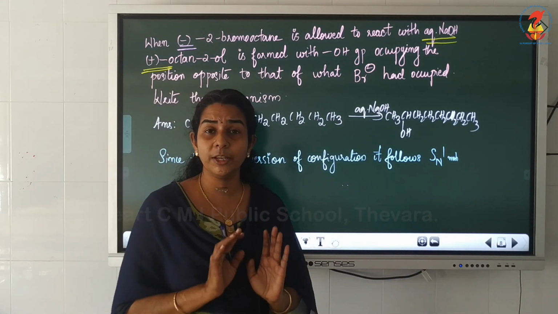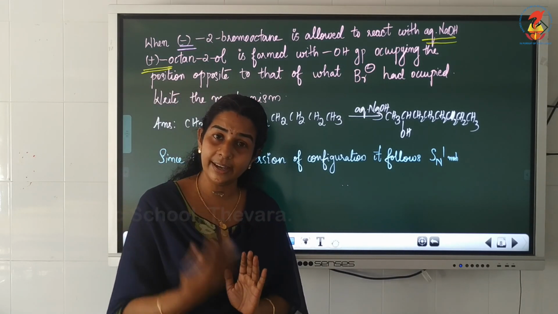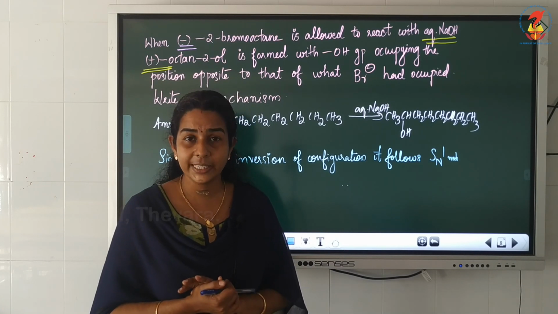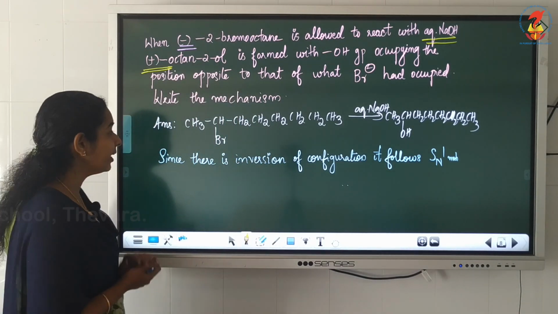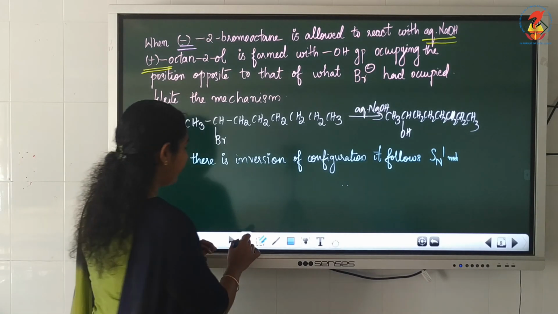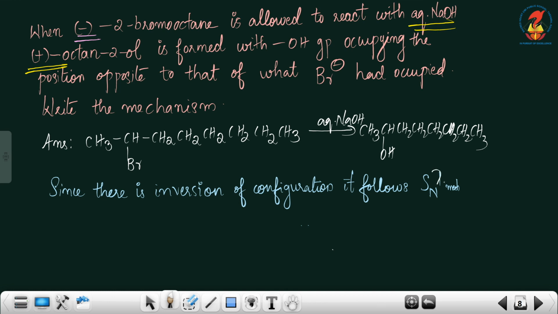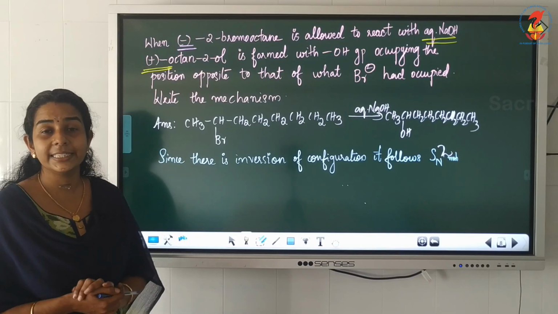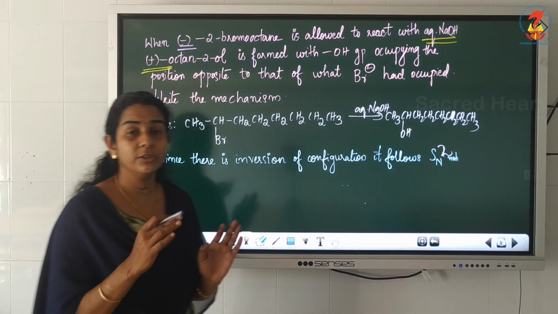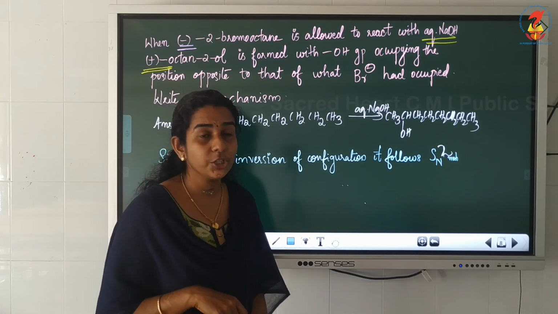Here also in the question the mechanism is not directly mentioned, but indirectly they have said that it is following the SN2 mechanism. Since there is an inversion of configuration, it is following the SN2 mechanism, because SN2 is a one-step mechanism taking place with an inversion of configuration.